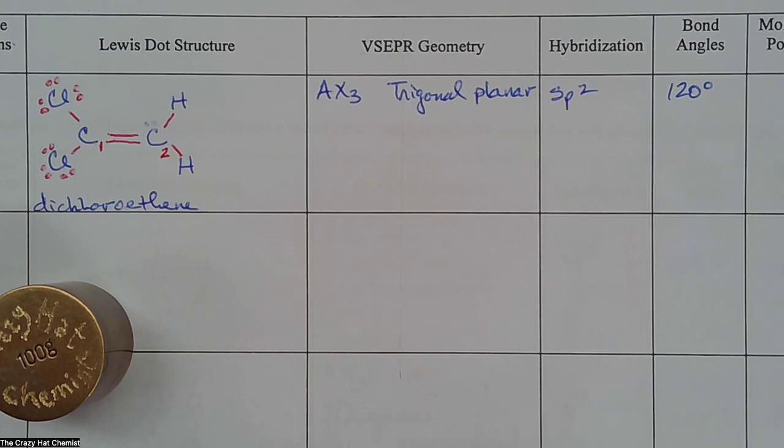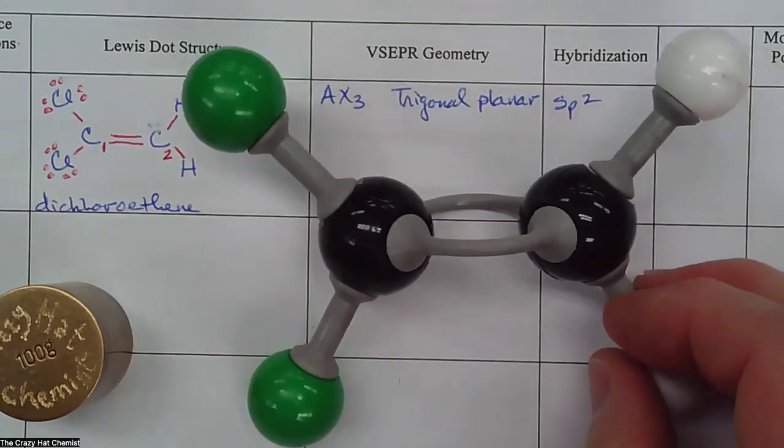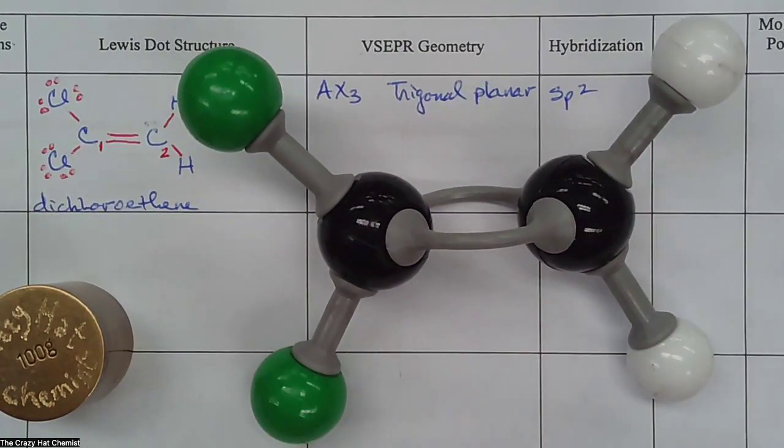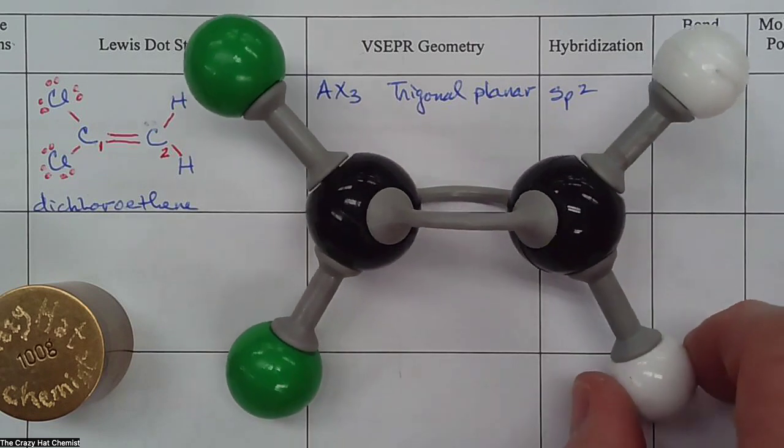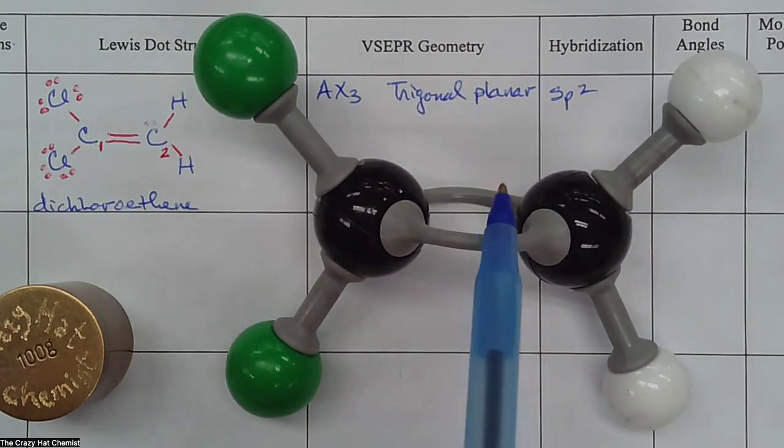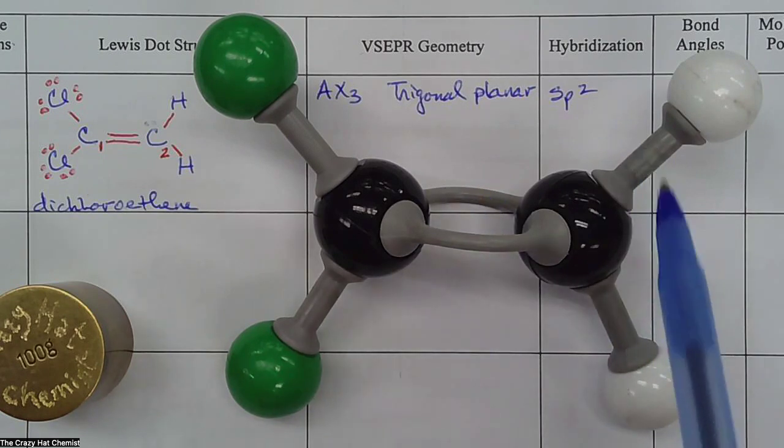Okay. All right. Then there's the molecular polarity. What we need to do is build the molecule, and there we have it. You should see that there's that double bond right there. These are single bonds.